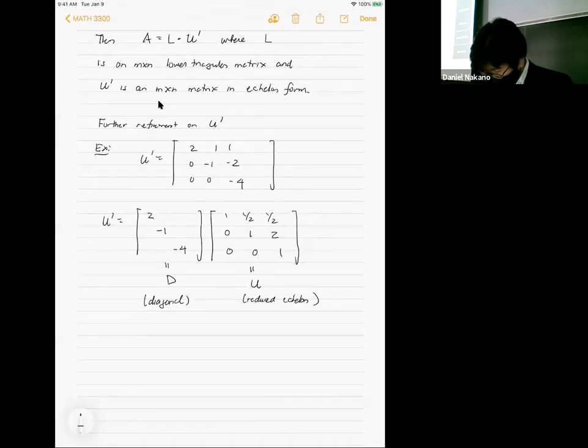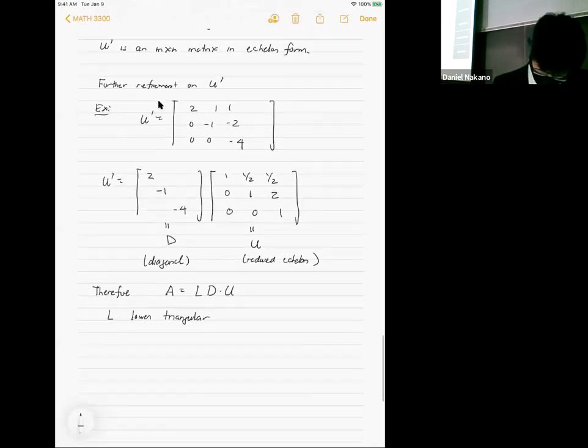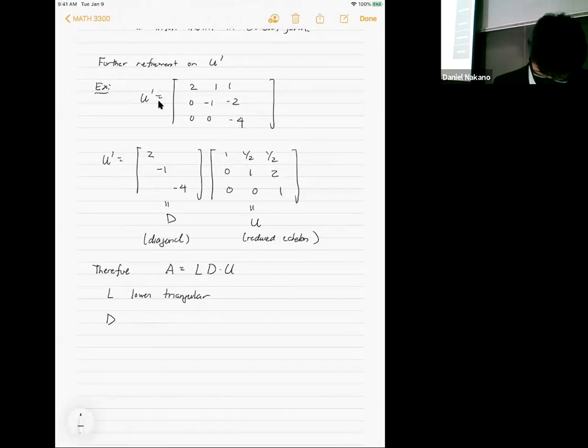Great. And so now, therefore, A is equal to LDU, where L is lower triangular. Okay. D is diagonal.